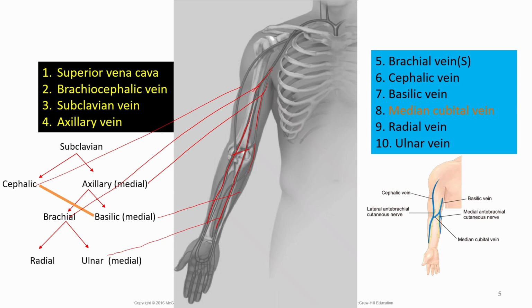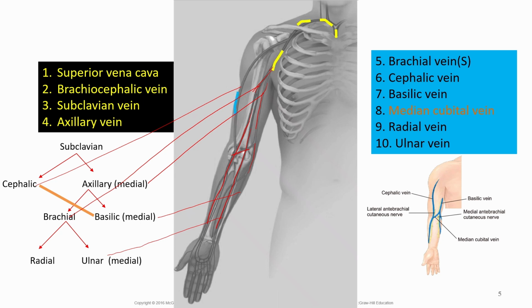Your antecubitus is where your elbow is, and that's the one from which, if you've ever had a blood draw, you're typically trying to target the median cubital vein. So it's that vein.